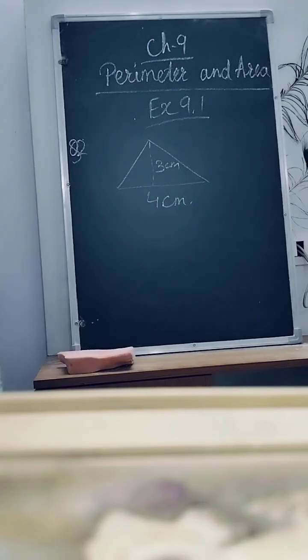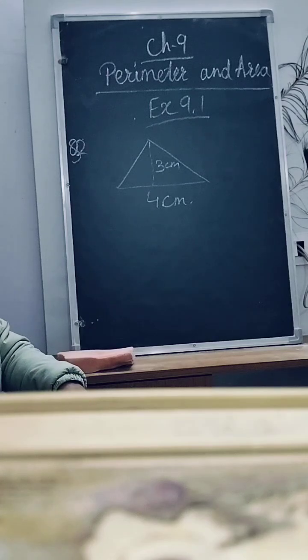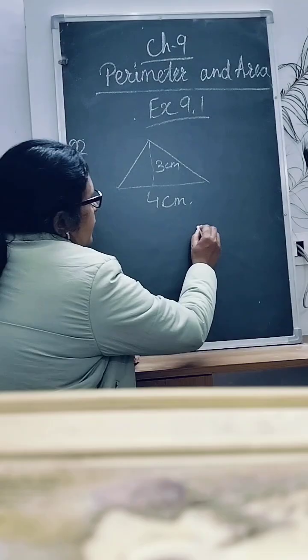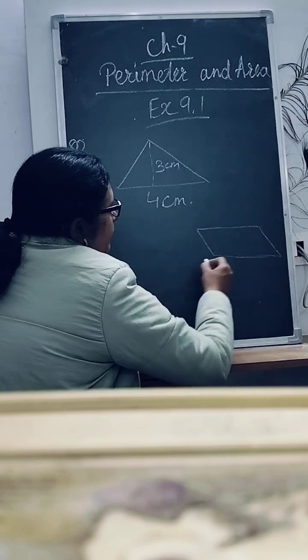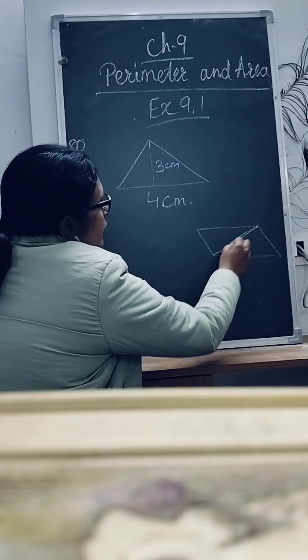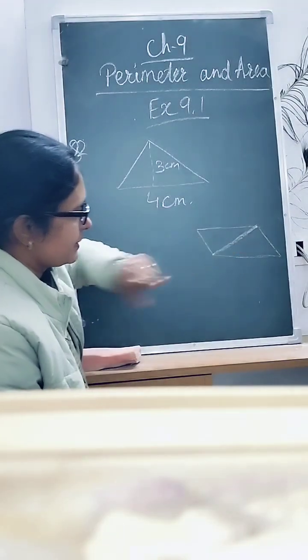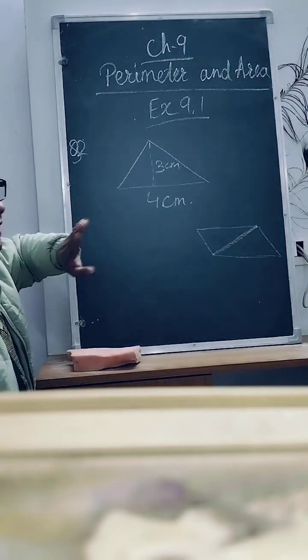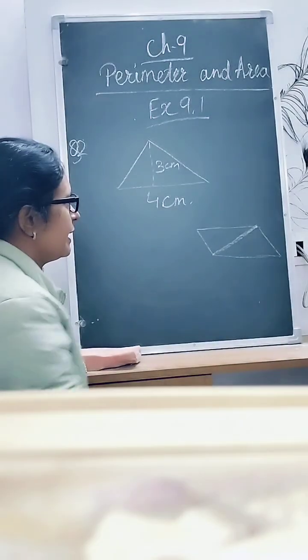Now see students, a triangle is a part of a parallelogram, and it is half of it. If I divide this parallelogram with the help of a diagonal, it will be divided into 2 triangles. The formula for the parallelogram was base into height.